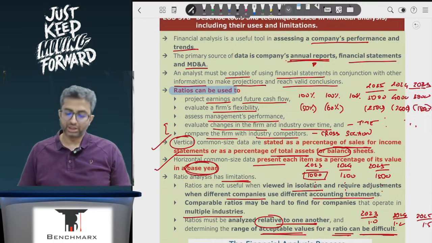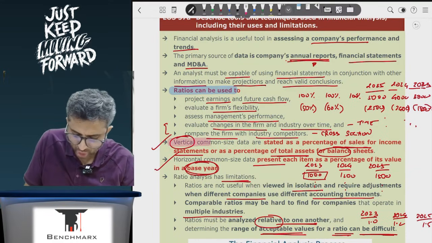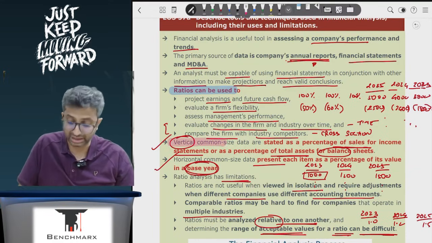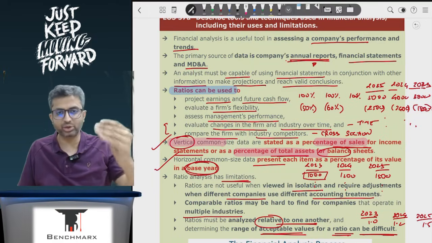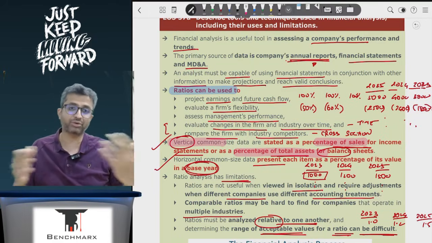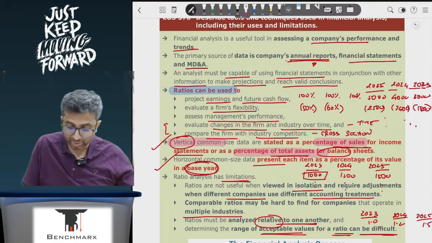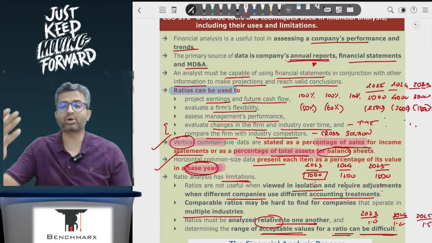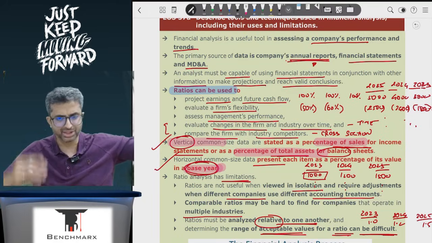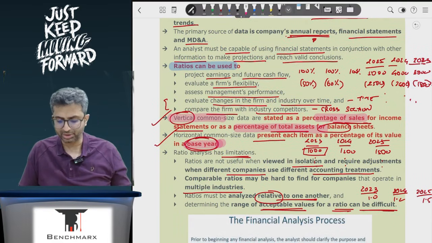One of the tools is the vertical common size statement: for the income statement, a percentage of sales; for the balance sheet, a percentage of assets; for cash flow, a percentage of sales or of cash inflows or outflows, as the case may be. For horizontal statements, which we have not discussed, we present each item as a percentage of the base year. Like in national income, you take a base year and everything is a percentage of that base year. So that is for horizontal common size statements.